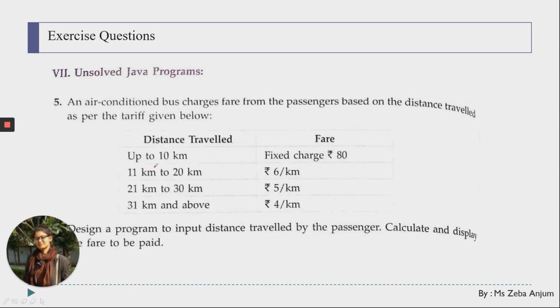See over here, air conditioner fare for a passenger based on distance traveled, with charges per kilometer, 7.6.